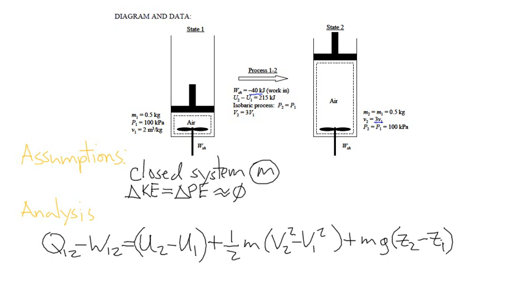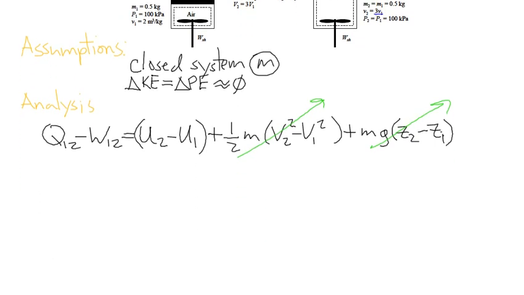All right, because of our assumptions, we're going to go ahead and say that these terms are 0. So now we're left with just 3 terms: our heat transfer, our work term, and our internal energy.